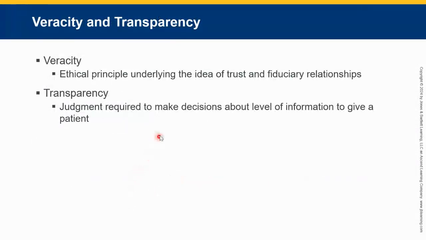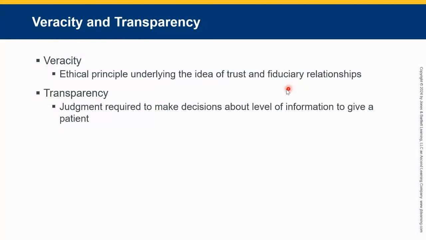Okay. The last slide I think I'll talk about right now is these two definitions right here, veracity and transparency. So veracity is an ethical principle underlying the idea of trust and fiduciary relationship. So fiduciary means like in good faith. So frankly, veracity basically means providing information that facilitates a person's autonomous choice and trust in the provider.